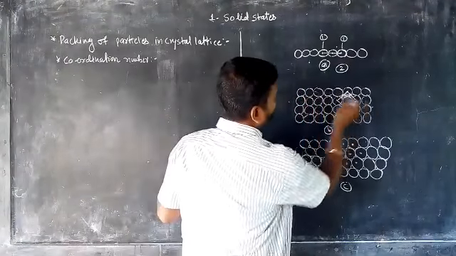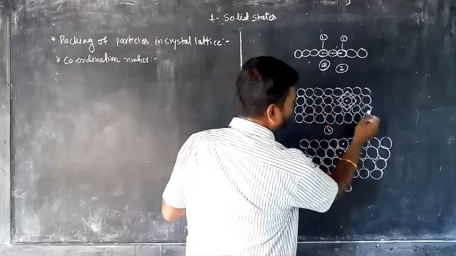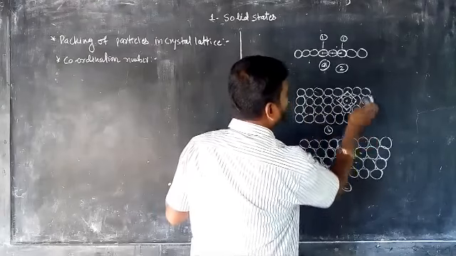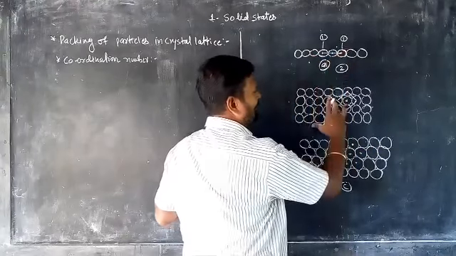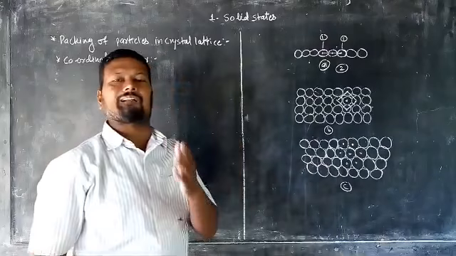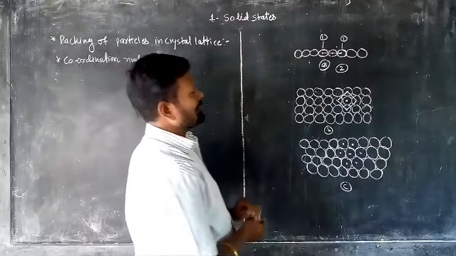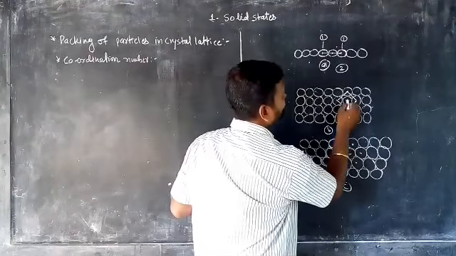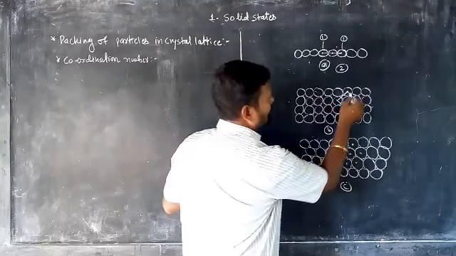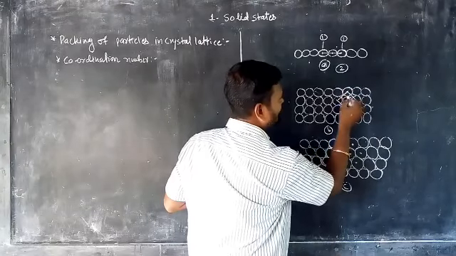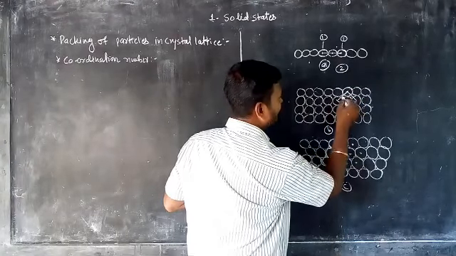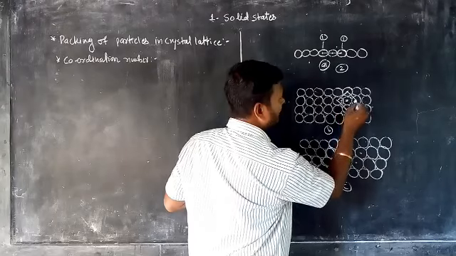In the second one, what is happening here? This is one linear, this is another linear, and another linear. It is in two dimensions, x and y axis. In that case, I have considered this as the lattice point. To that lattice point there is an attachment here, here, and here.